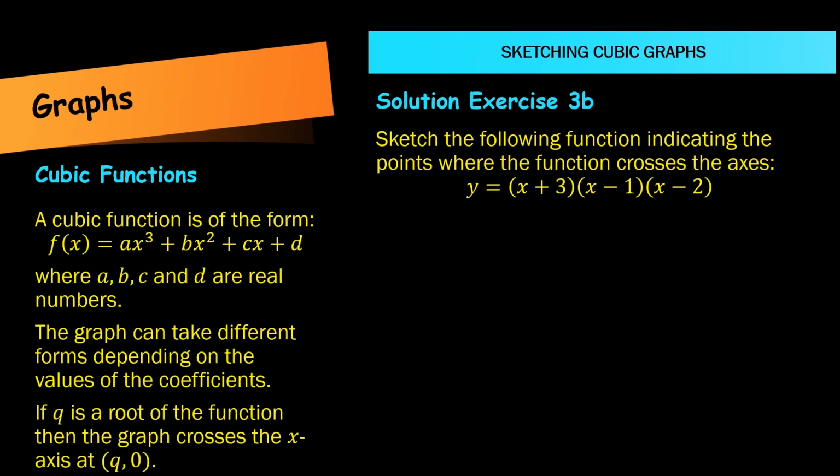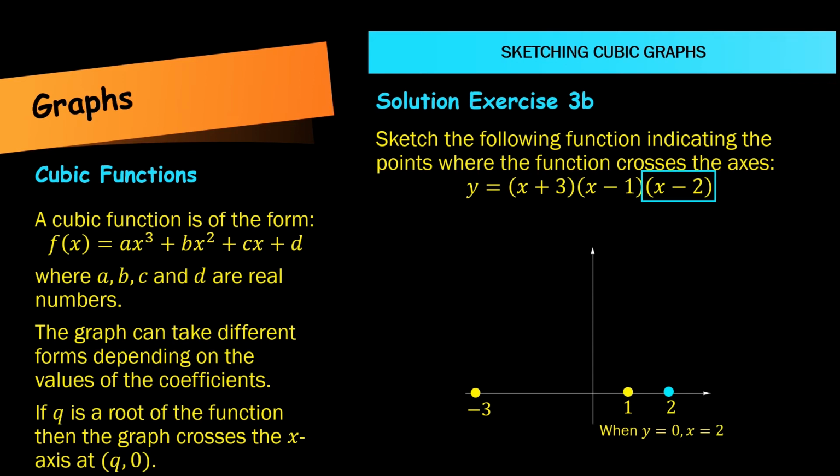Now let's take a look at exercise 3b. We are required to sketch the function y equals (x plus 3)(x minus 1)(x minus 2), indicating the points where the function crosses the axes. So let's begin. When y equals 0, we have that either x equals minus 3 or x equals 1 or x equals 2.